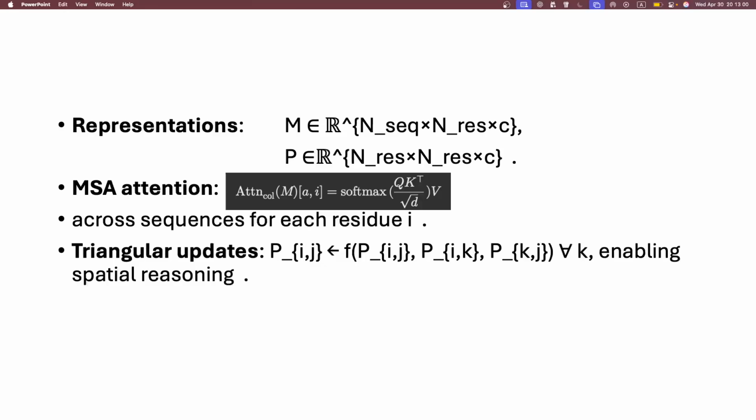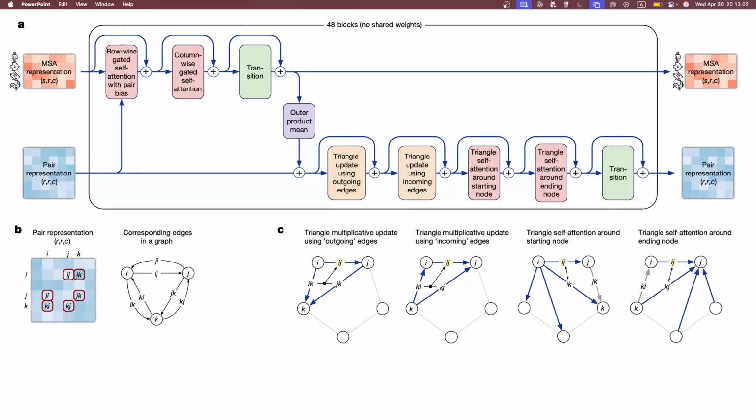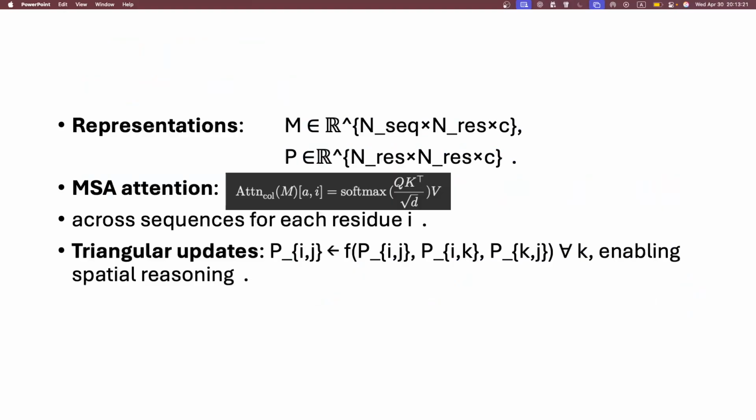The structure of EvilFormer has a mechanism of communicating between these two. I guess it's similar to Stable Diffusion 3 where you have the text and image streams. Okay, I'll have to read that again. Yeah, I mean, it's basically two streams. It's just less complicated than this. So those are the representations of the MSA attention and then the template.